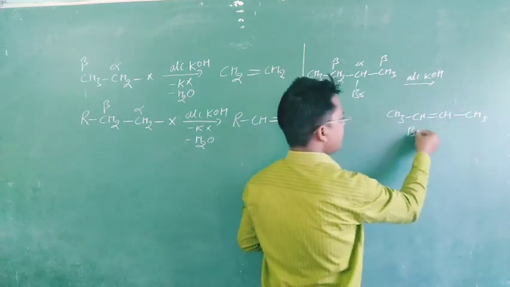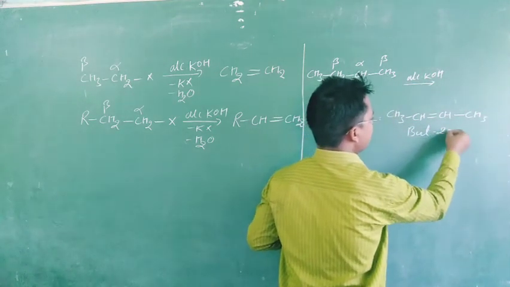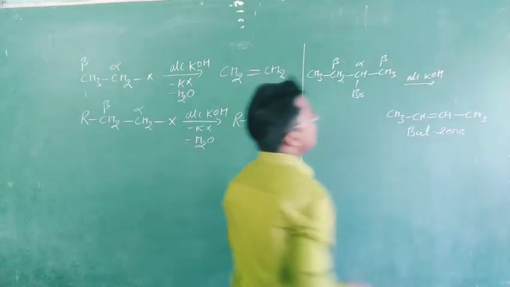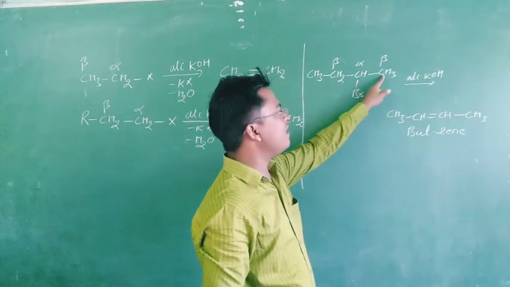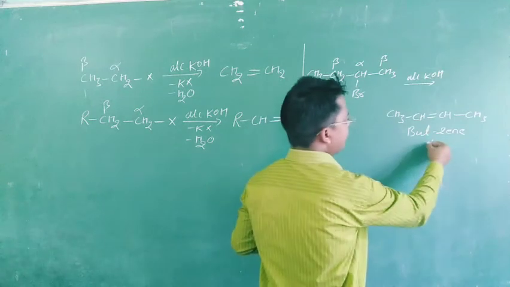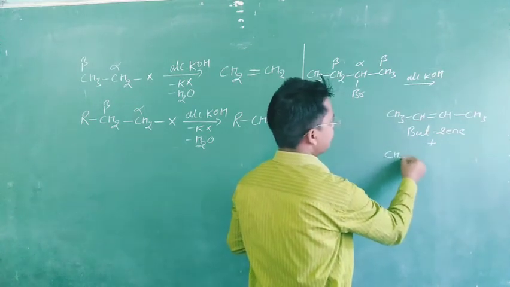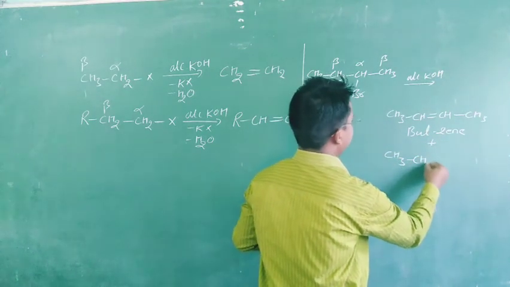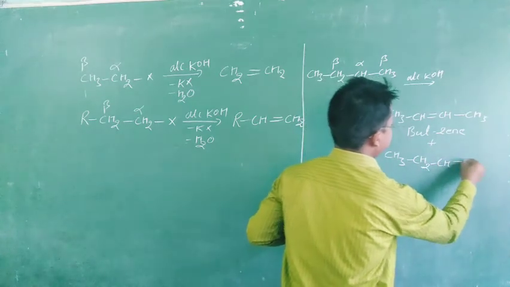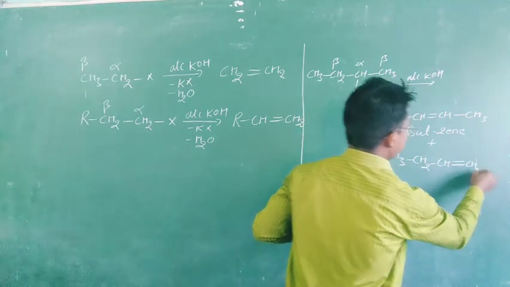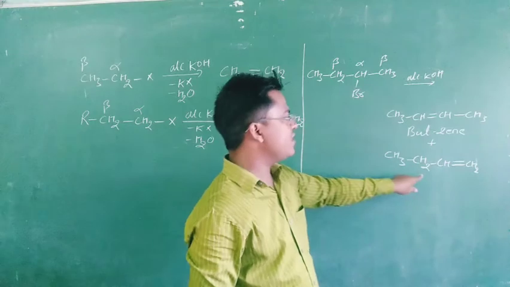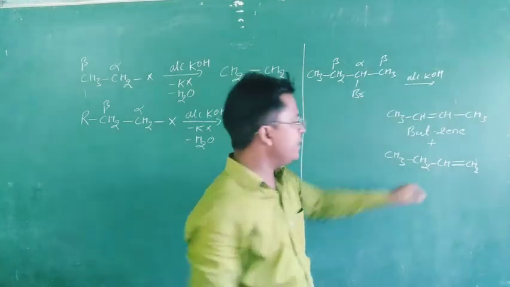This is butene 2, but-2-ene. Suppose the hydrogen will eliminate from this carbon, a different product is obtained. Like this. This is butene 2 and this is butene 1, or but-1-ene.